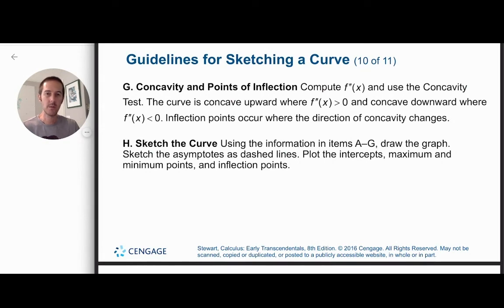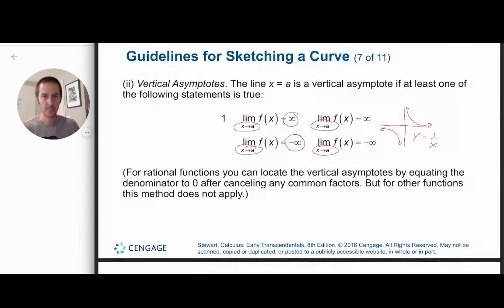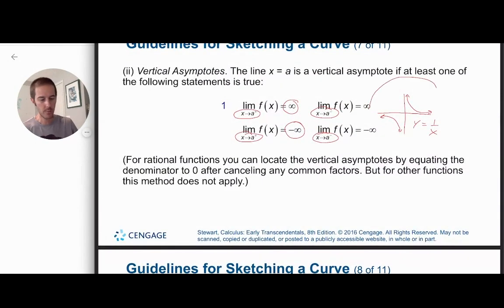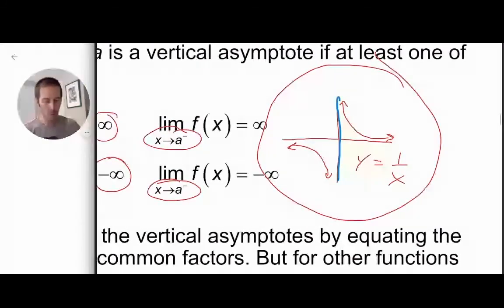Otherwise, as a matter of fact, in this graph over here, you see that our curve in the third quadrant is concave down, and in the first quadrant it's concave up. And where is that change in concavity happening? It's happening right here. Well, what's the x-coordinate on the y-axis?